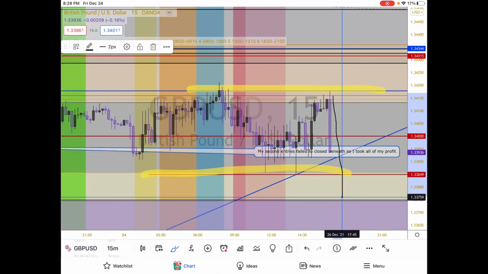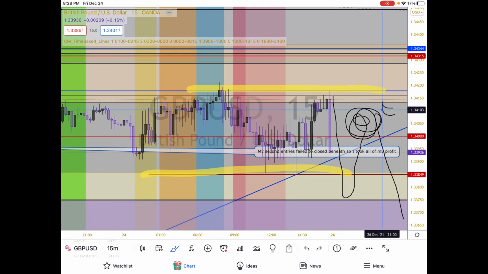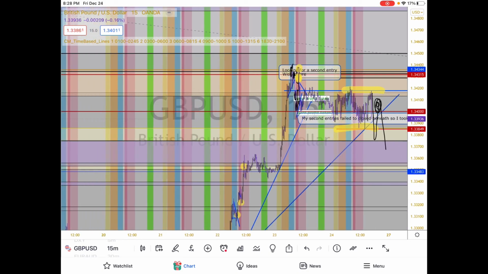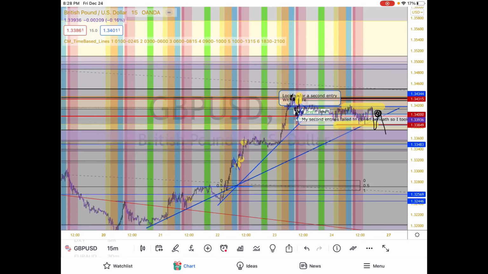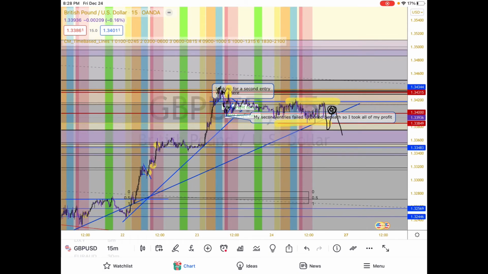So continue to shoot down, break beneath there, come back up, retest into this area here, and then shoot down. I would want to catch that retest. That would be my trade here. It's a break of this bullish momentum trend line and a retest. Take it to the downside.